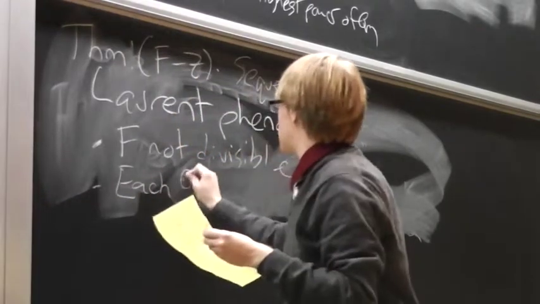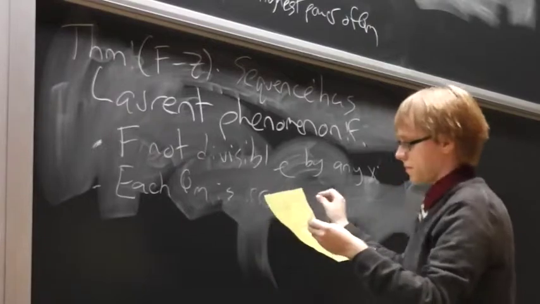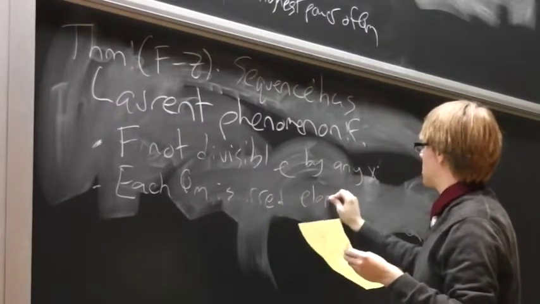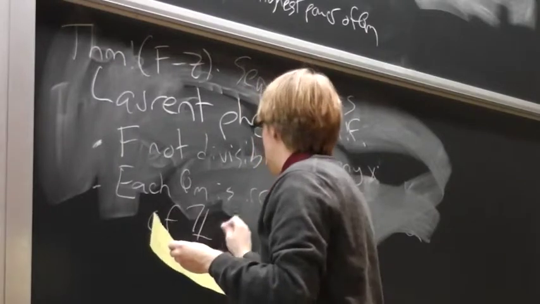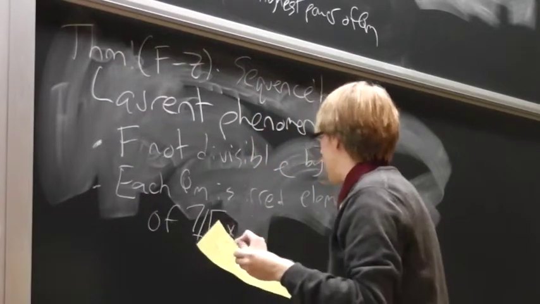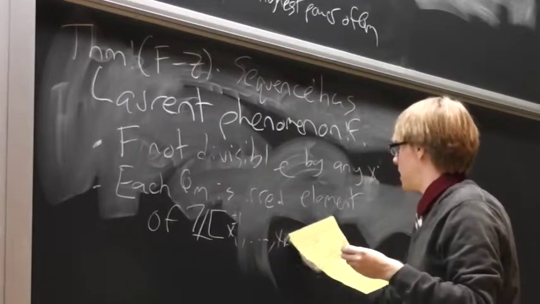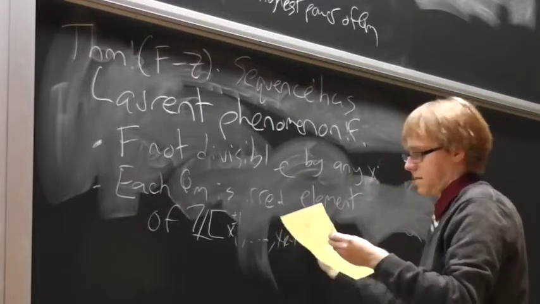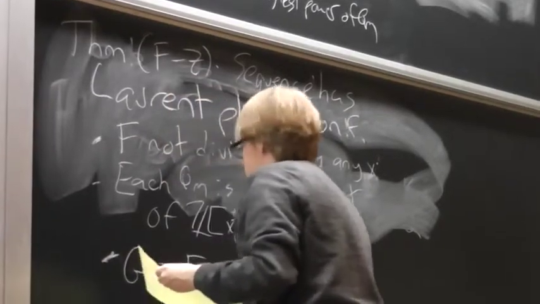Each q m is an irreducible element of Z adjoin x1 to the plus minus 1 through x k minus 1 to the plus minus 1. And then finally, here's the big one: g0 equals f.